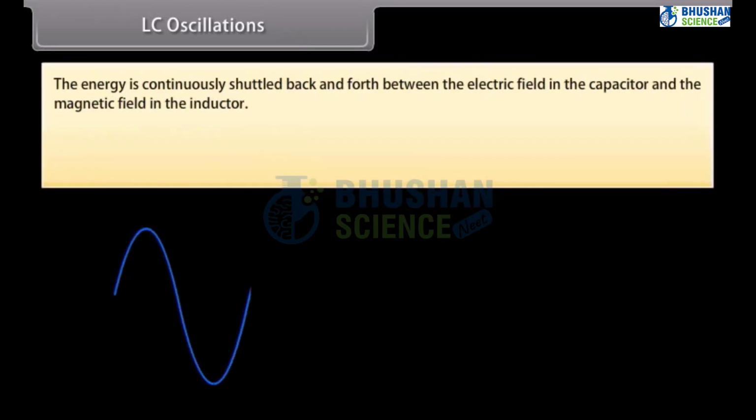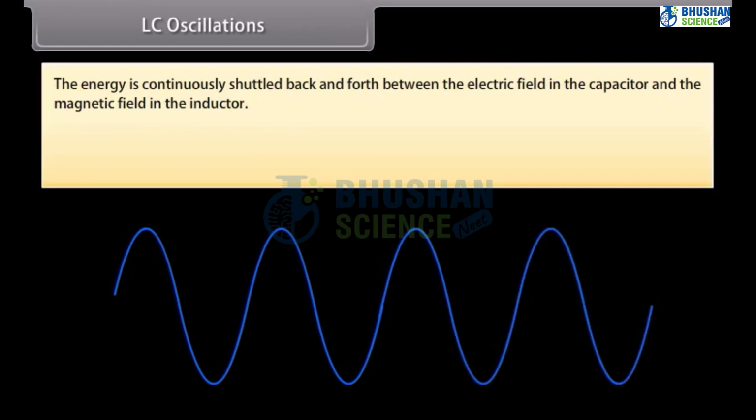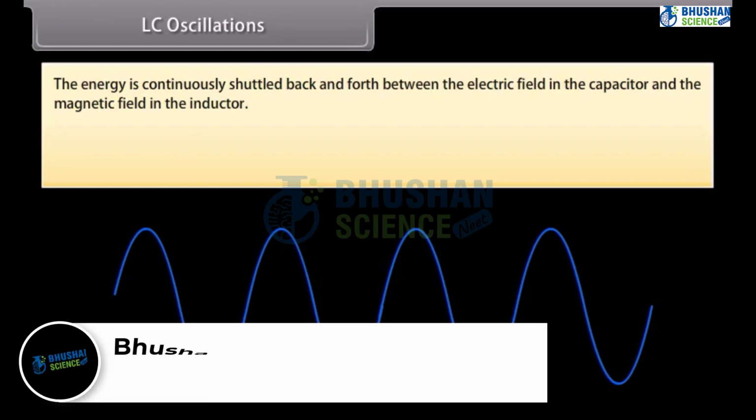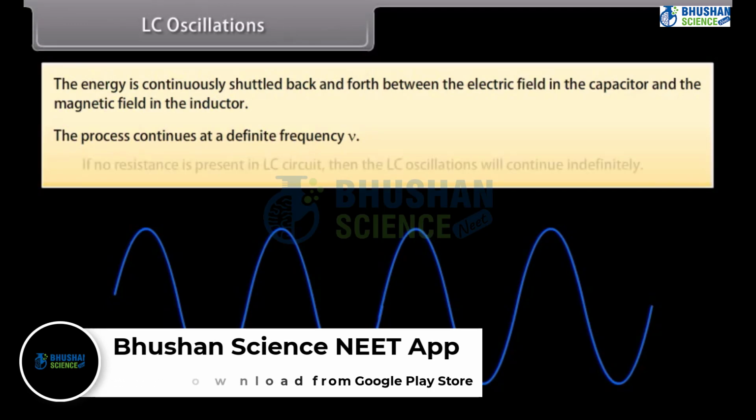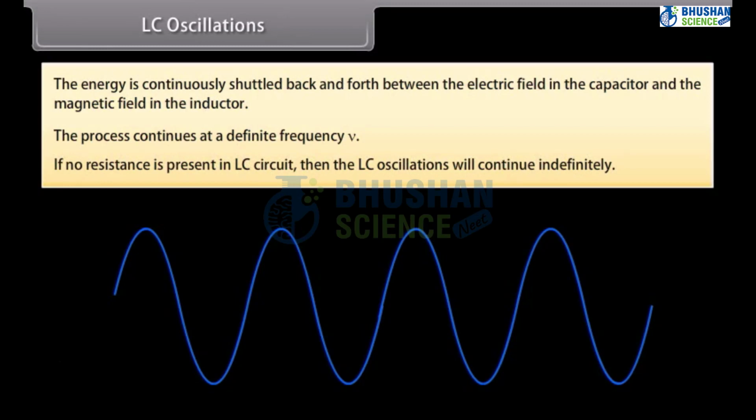The energy is continuously shuttled back and forth between the electric field in the capacitor and the magnetic field in the inductor. The process continues at a definite frequency nu. If no resistance is present in LC circuit, then the LC oscillations will continue indefinitely.